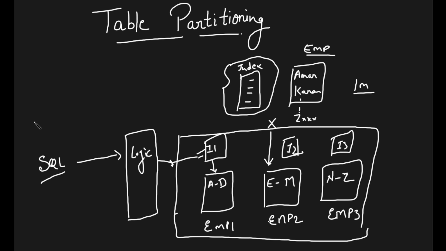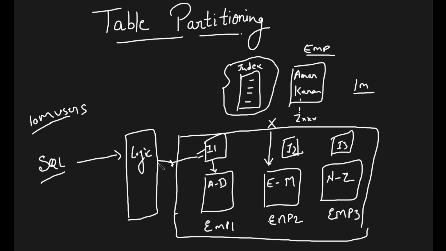If users are very few, let's say 100 or 100,000, that's okay. I believe my database can take that kind of load. But suppose that load increases to 10 million users firing queries to this database cluster, then obviously my database will not be able to handle those queries, right?